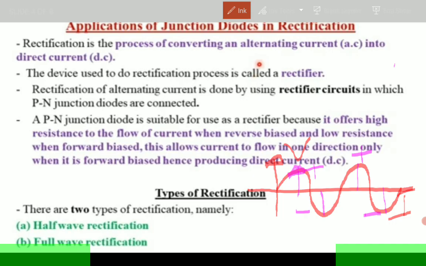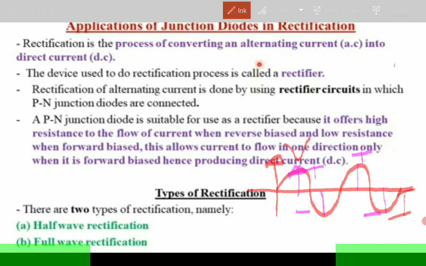Without diodes, your appliances may not work. In fact, they can easily be blown off, because alternating current is not adapted to be used in such appliances. So there is need, therefore, for diodes to convert the alternating current into direct current.